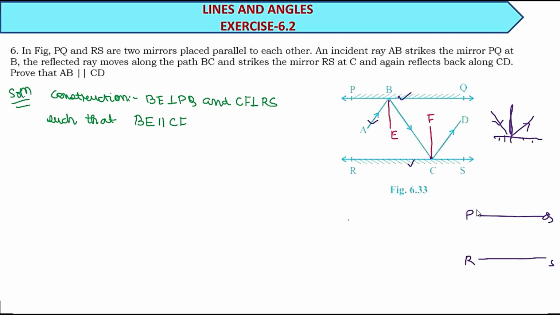Now suppose PQ is the mirror. AB is the incident ray, BE is the normal, and BC is the reflected ray. We know that the angle of incidence is equal to the angle of reflection.